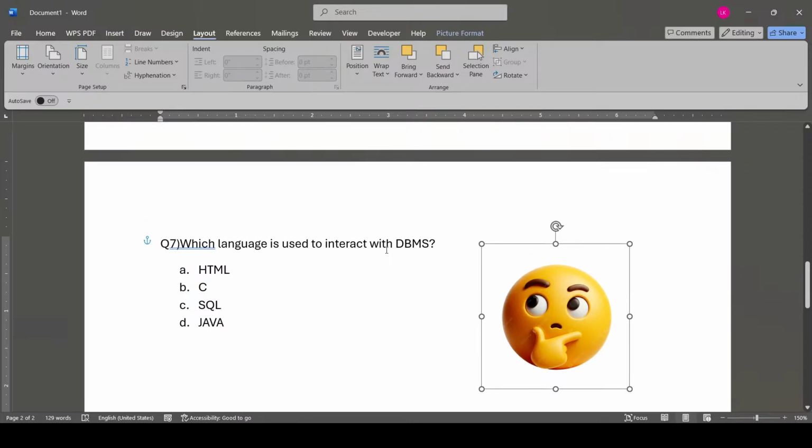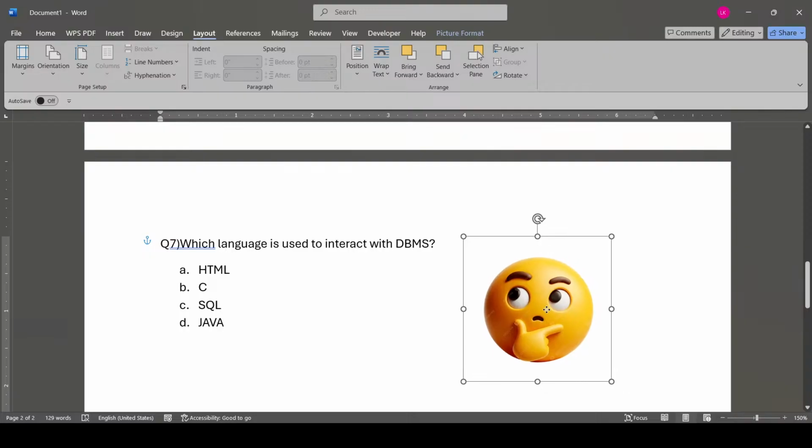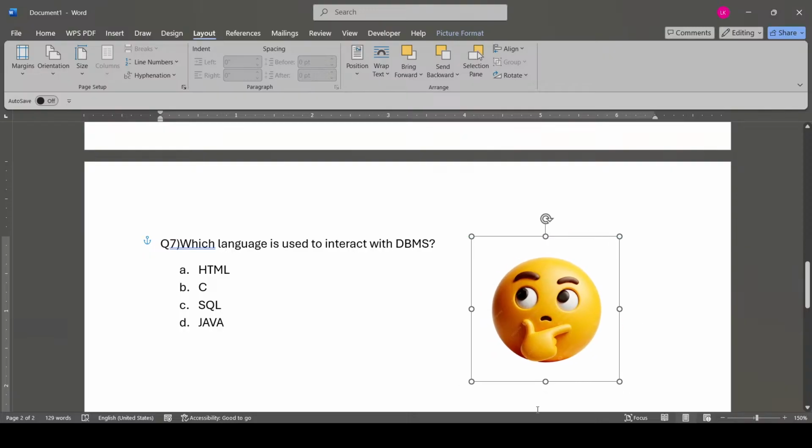Question number 7. Which language is used to interact with DBMS? Inside the DBMS, obviously we have multiple databases.